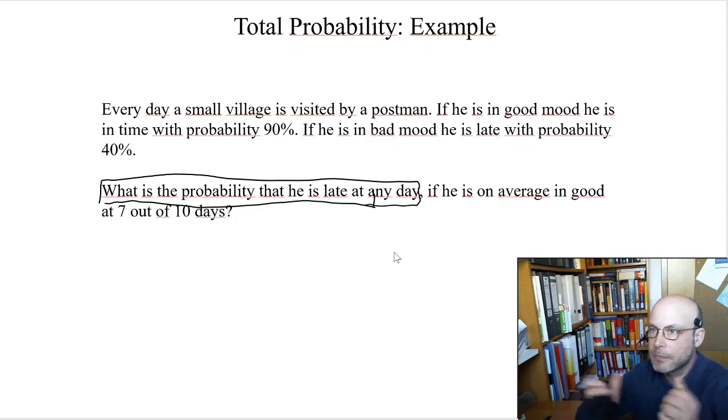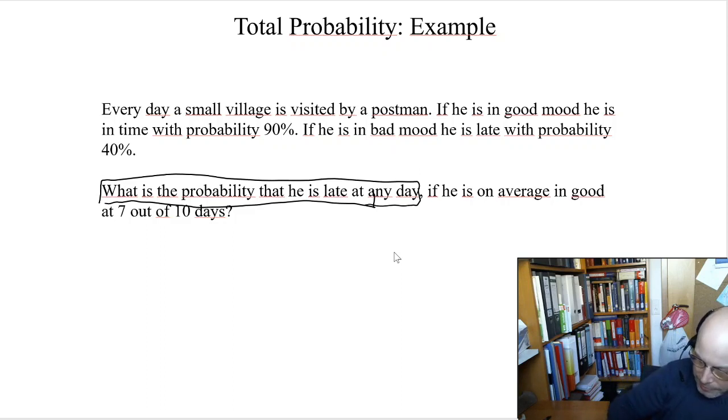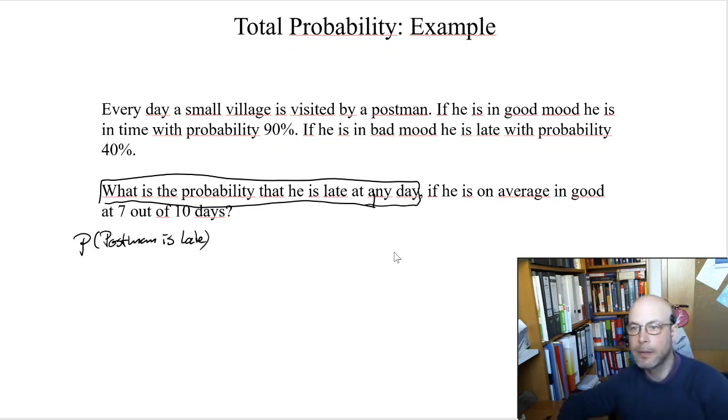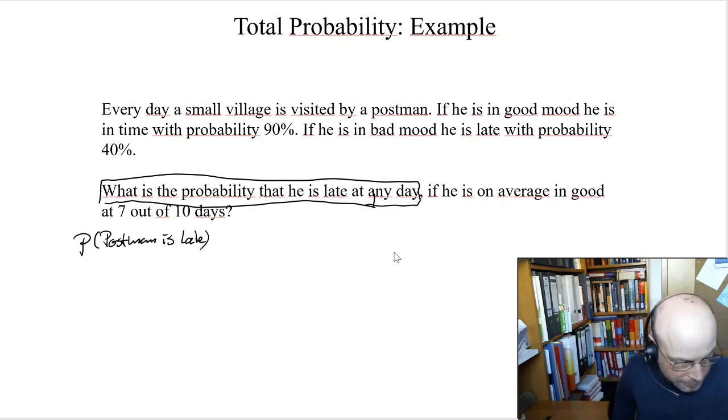So if we want to calculate this probability, P of postman is late, with the total probability, how can we construct this probability?